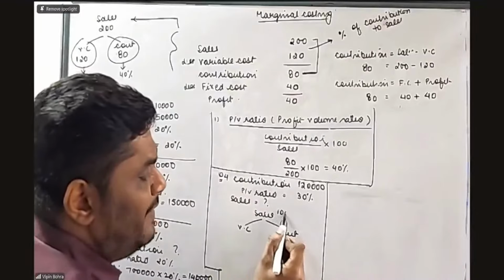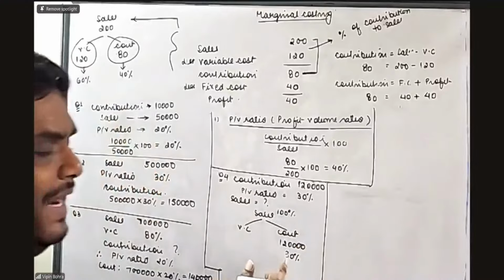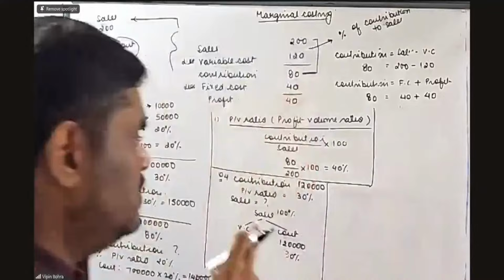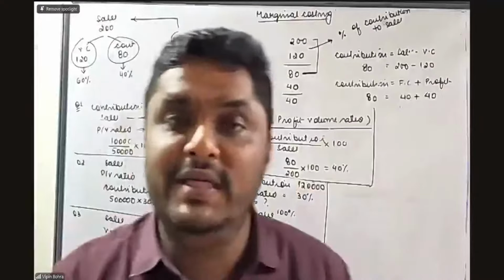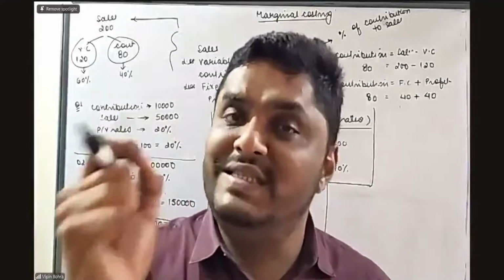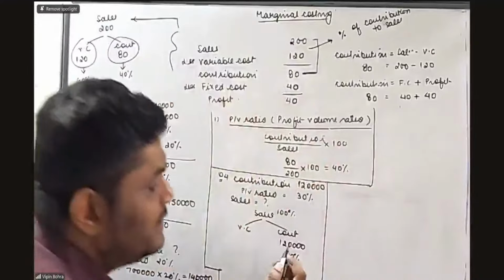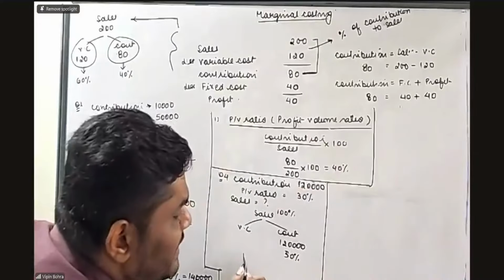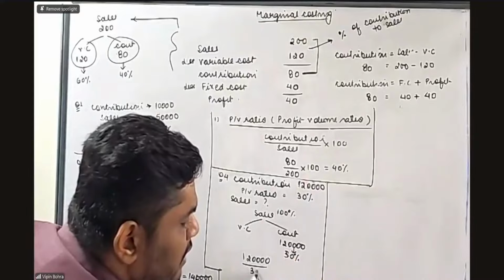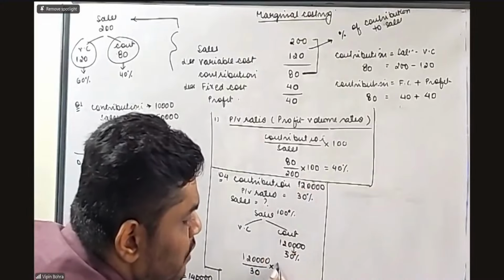My sales is always 100%. So 1,20,000 is the 30% of total sales. See, herein also the PV ratio is 30%. It means contribution is 30% of sales. So if the sales is 100, contribution is 30. So how much will be my sales? 1,20,000 is equal to 30. The sales is 100. So how much will be 100?